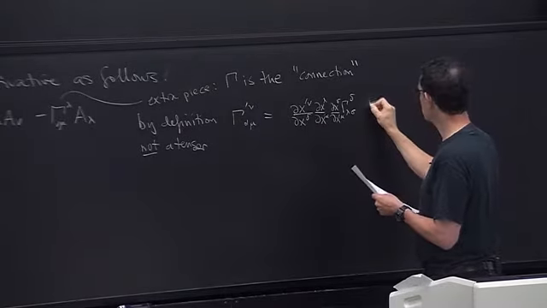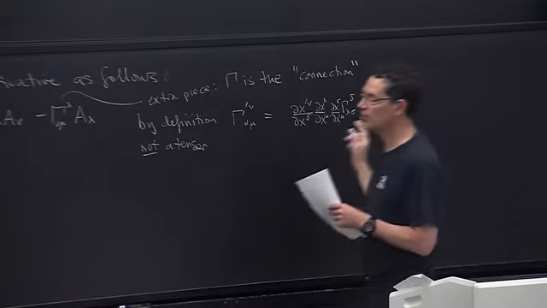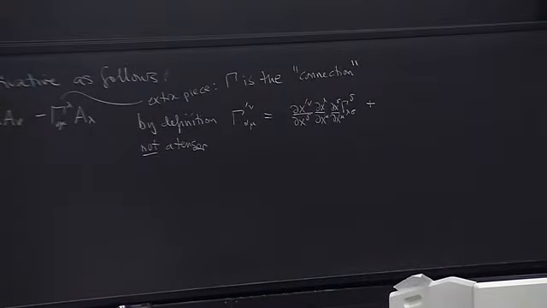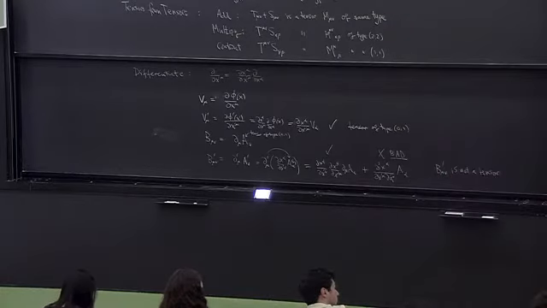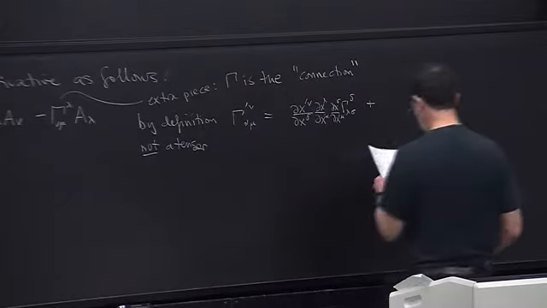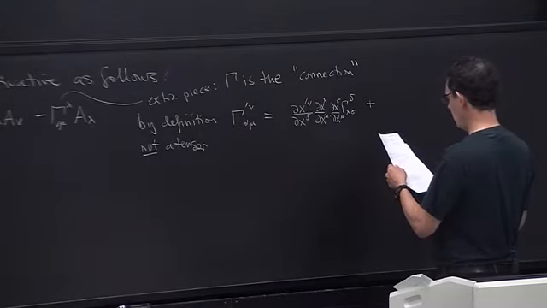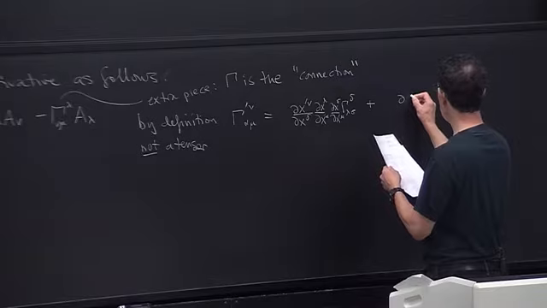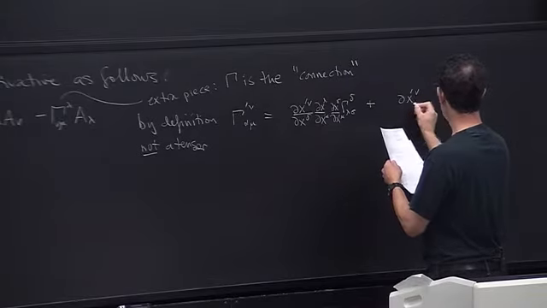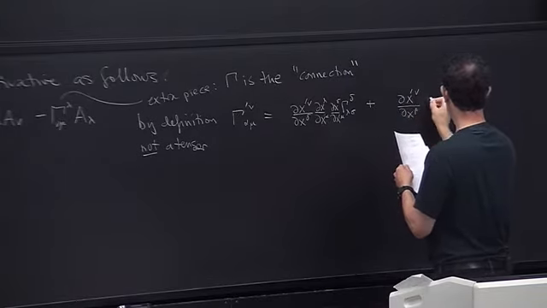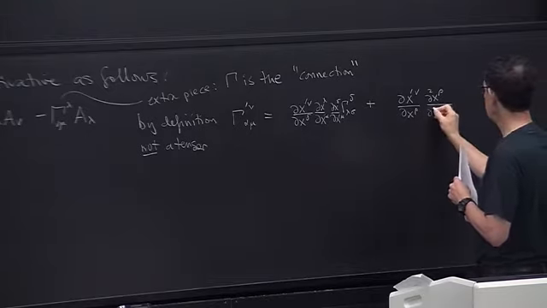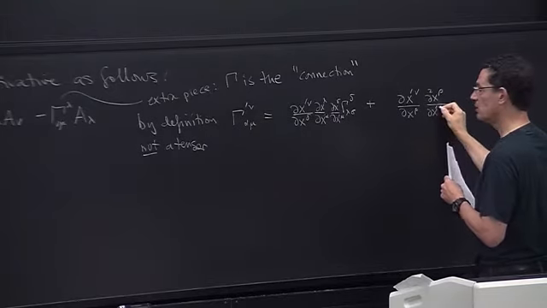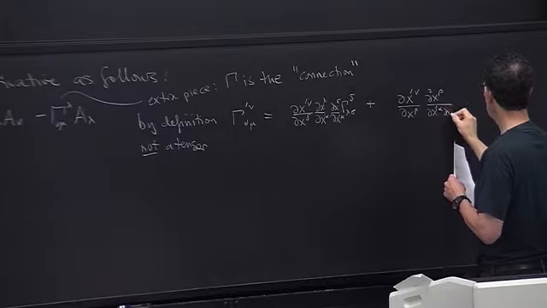But we want to add to this something involving the second derivatives of the transformation, and we want that something to exactly cancel that term. And so the right transformation turns out to be dx prime nu dx rho, d2x rho over dx prime alpha dx prime mu.